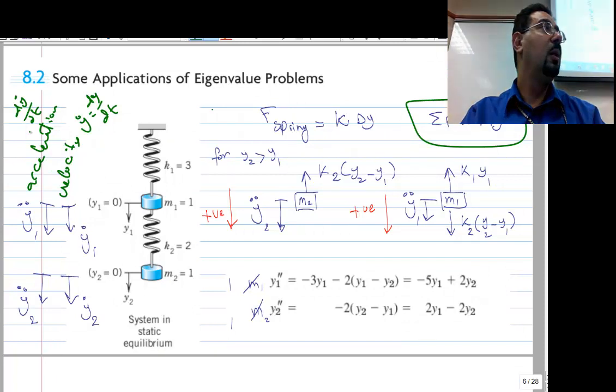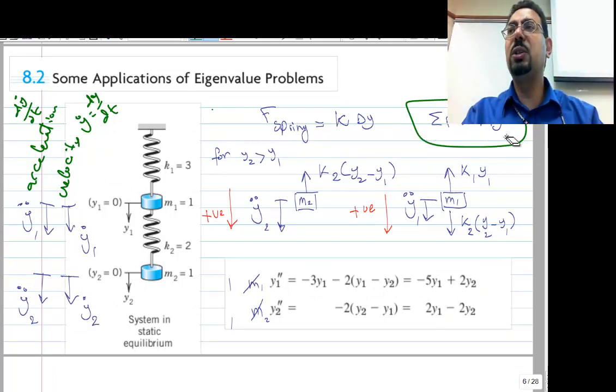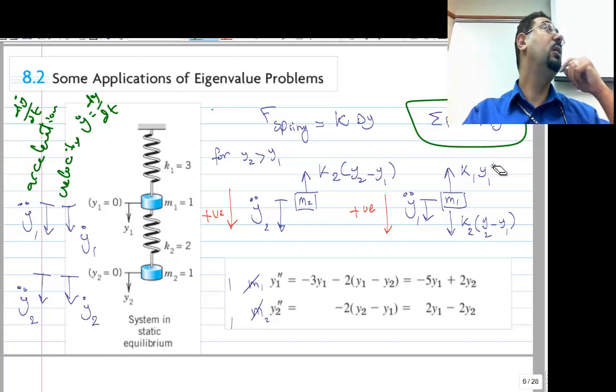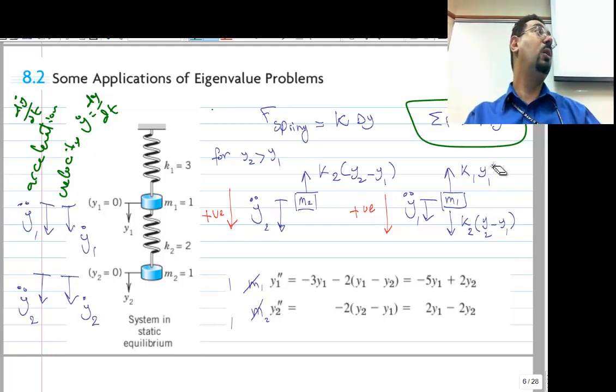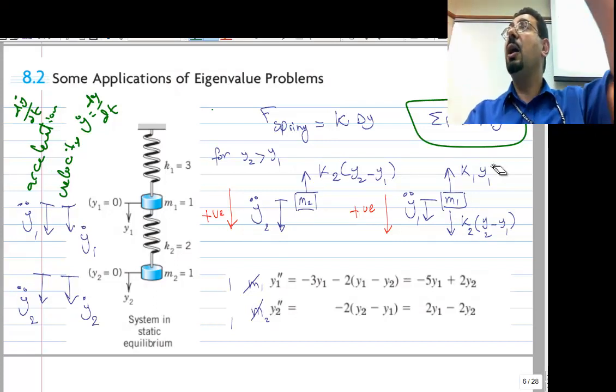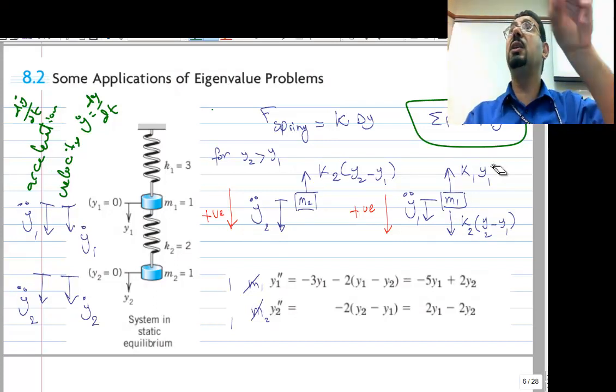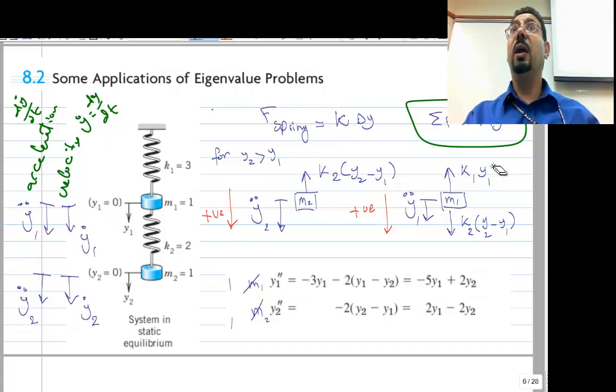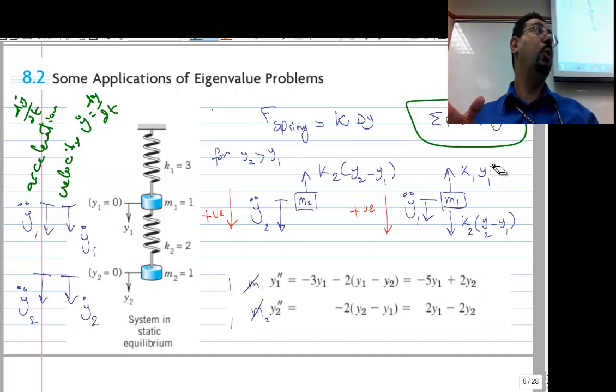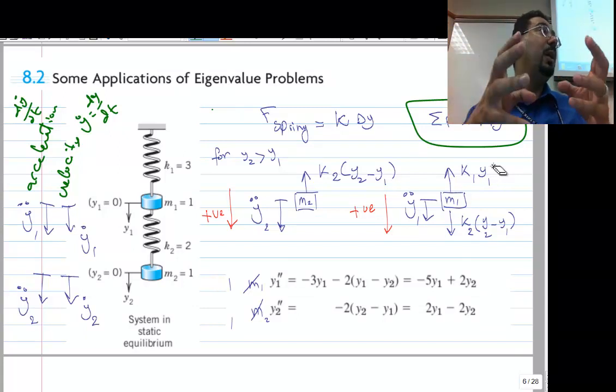Okay. So what do you call this? The force is equal to mass times acceleration. I can't hear. Newton's second law, right? The force is equal to the mass times acceleration. So you write this for mass 1 and you write this for mass 2, and you will end up with two equations for the two masses.